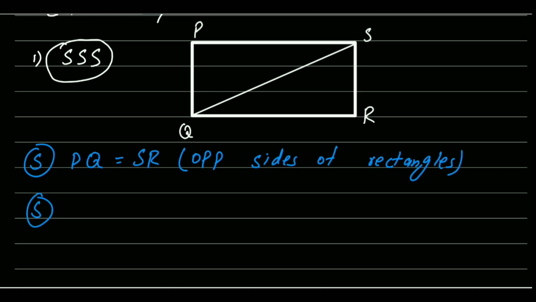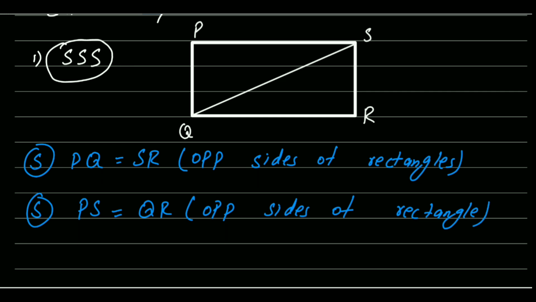The second side will be PS is equal to QR. They are equal. Reason same, opposite sides of a rectangle. So we have proved that two sides of these triangles are equal, and we also gave the reason as well.